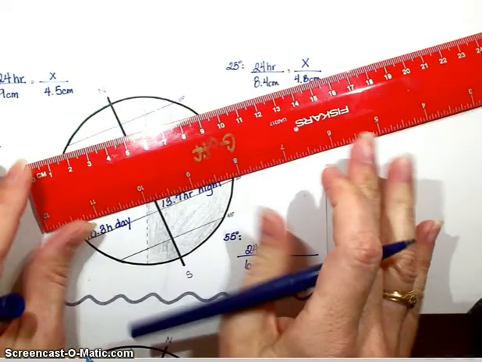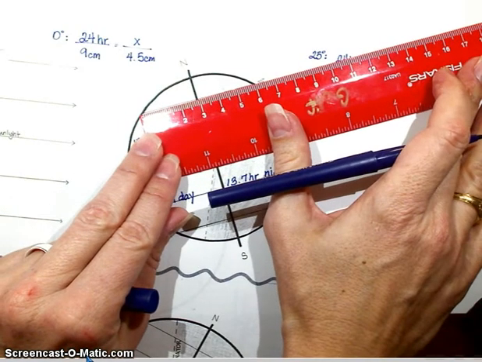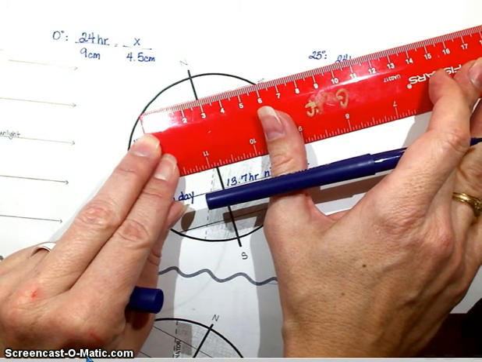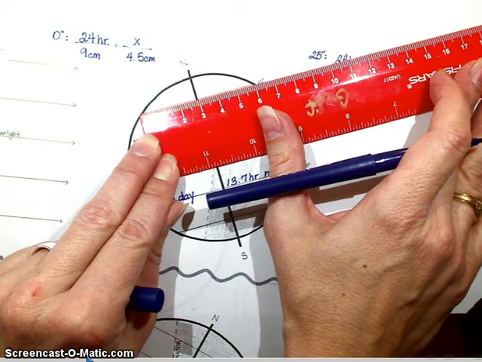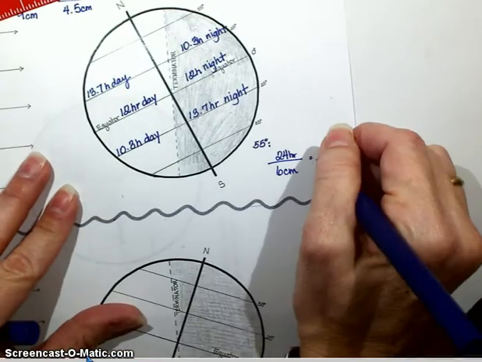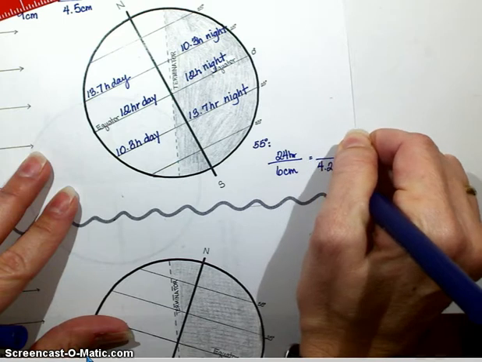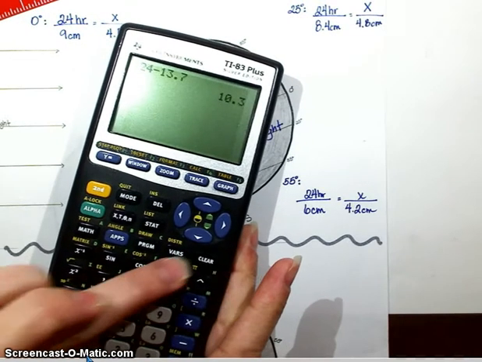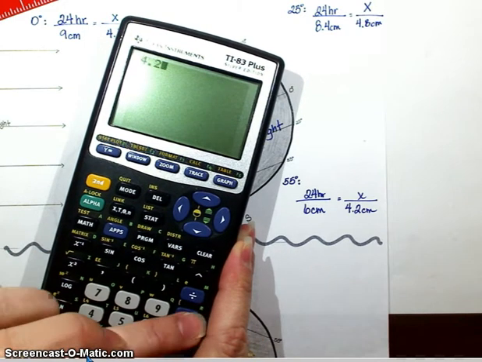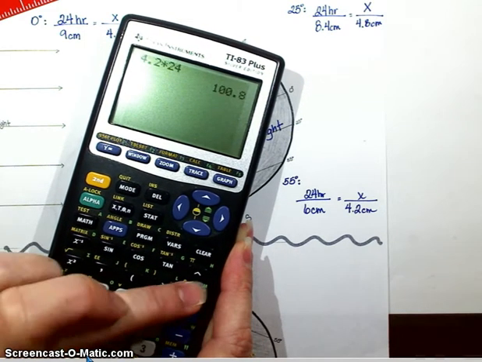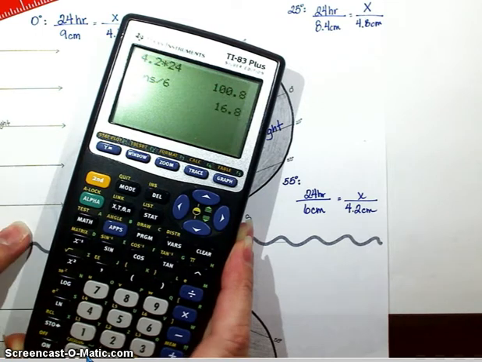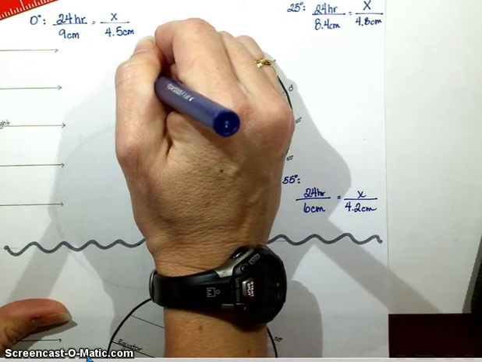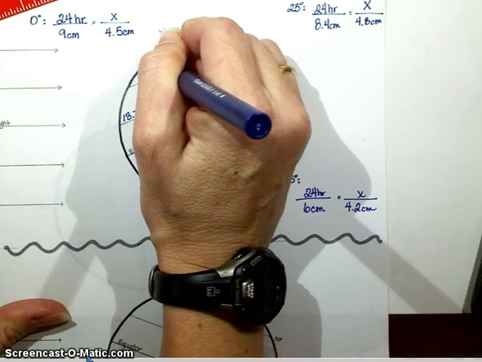And it looks like 4.2 of those centimeters is in the daytime side. So do your cross multiplication. We say 4.2 times 24, divide by 6, and you get a 16.8 hour day.